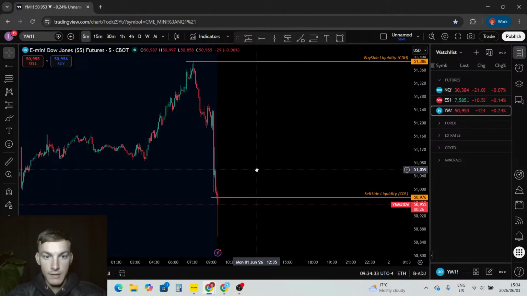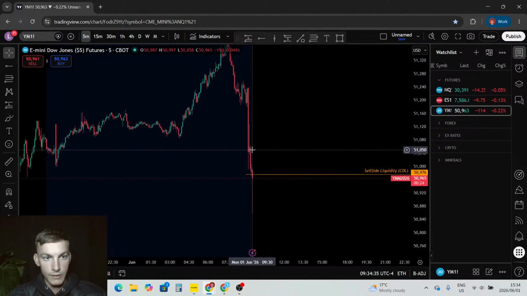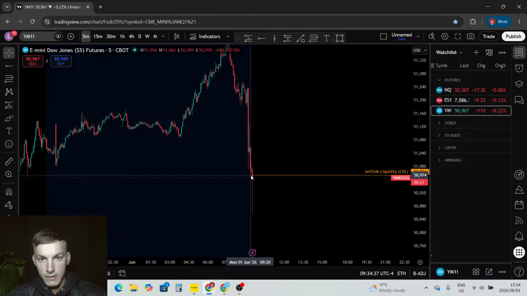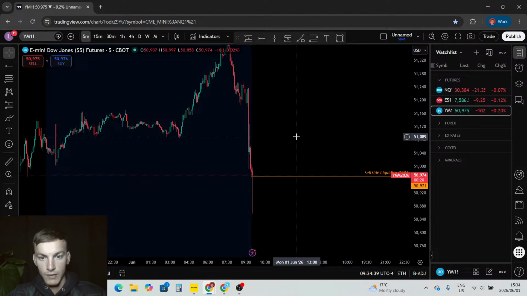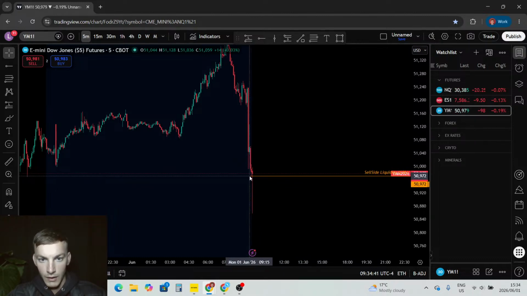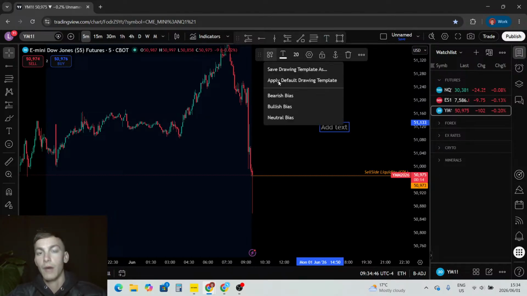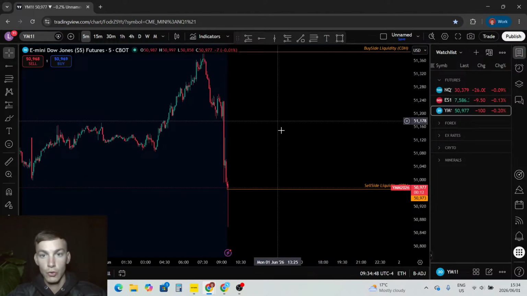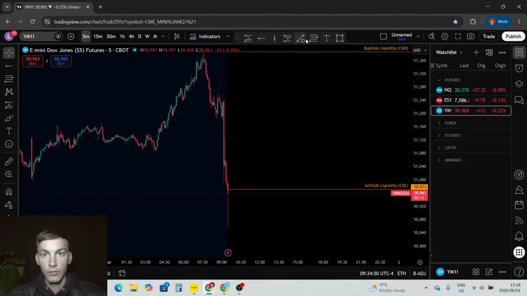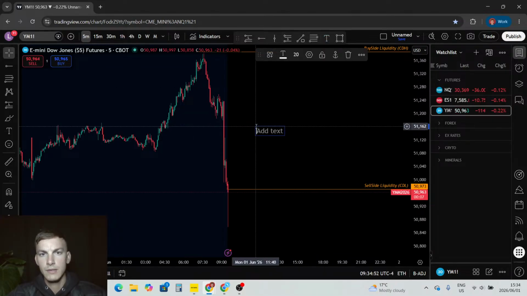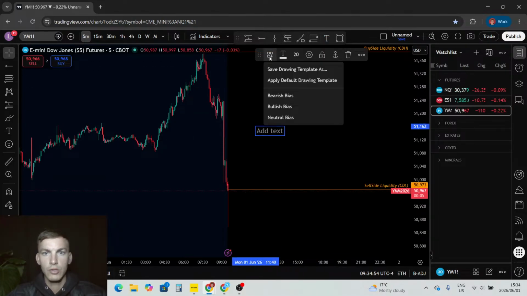Now, the Dow Jones Industrial Index, or Dow, has also swept its sell-side liquidity, which came at roughly 9:25. So once again, just like with the S&P 500, I will no longer be looking to go short on this position. For those of you who are a bit confused with my terminology, long means to buy, short means to sell.